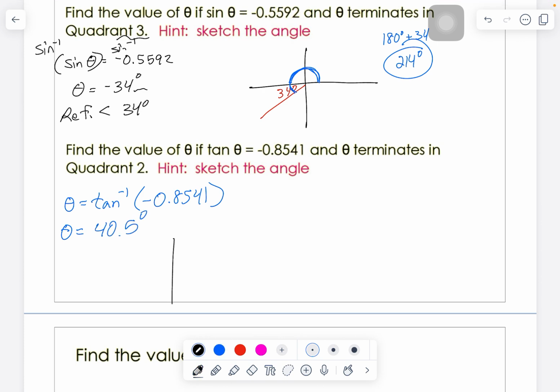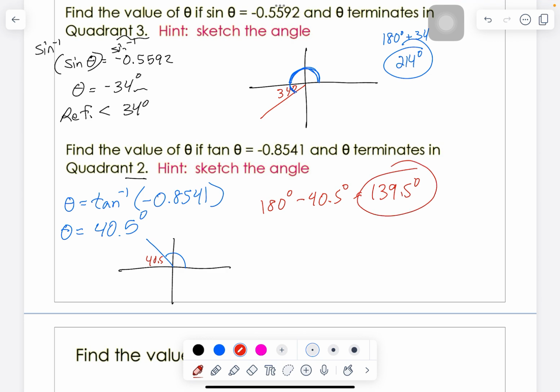When I make a sketch, I'm looking for quadrant 2. So I'm going to put this 40.5 right there in quadrant number 2. The actual angle that I'm going to use is 180 minus that 40.5, so 139.5 degrees. Again, it's because I'm in the second quadrant.